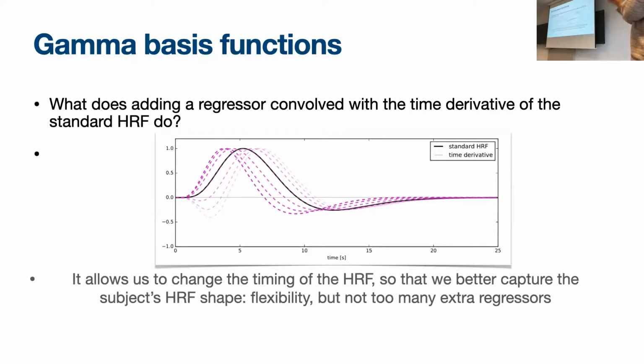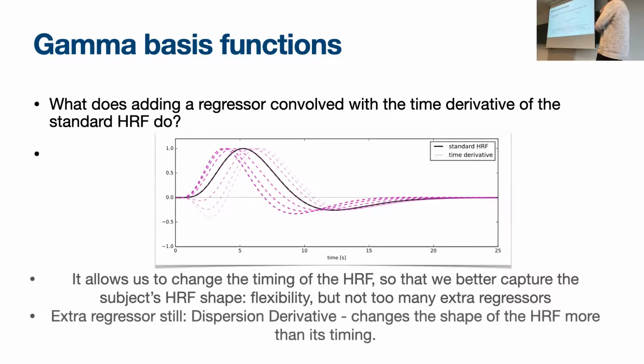So it gives us a lot more flexibility, and we can more accurately capture what's happening in the signals that we record. And you can do even more things. You could add another, what's called a dispersion derivative. There's another variable in this function that we could also take the derivative of, and then you get even more flexibility in terms of the shapes that you end up defining.